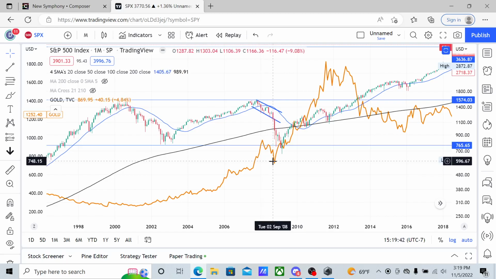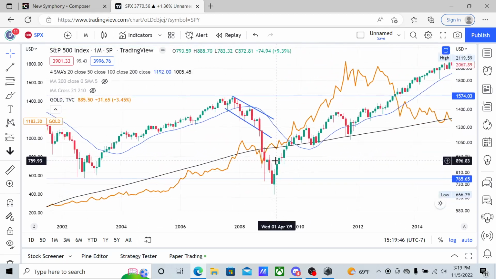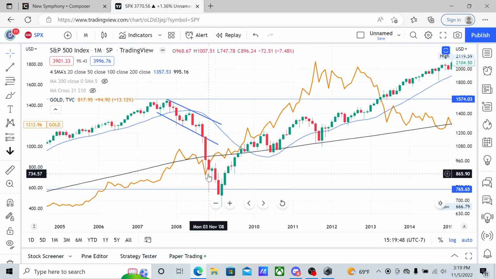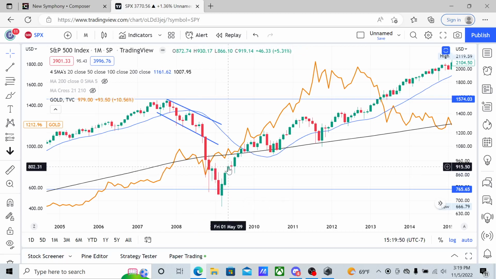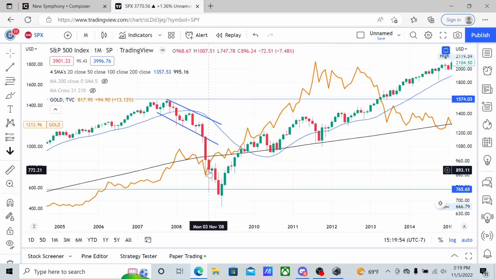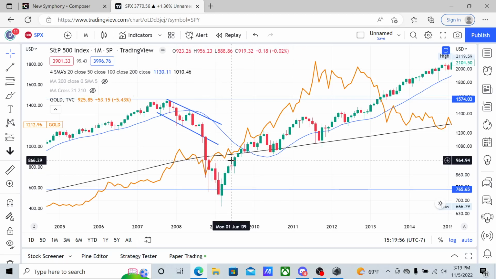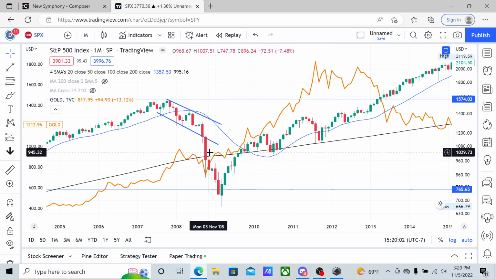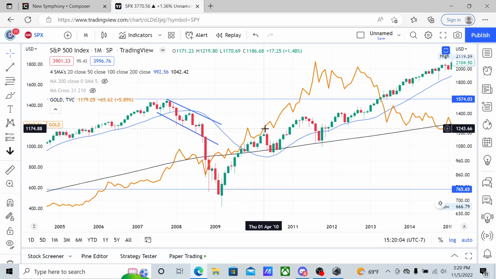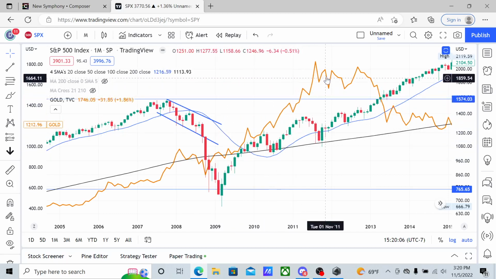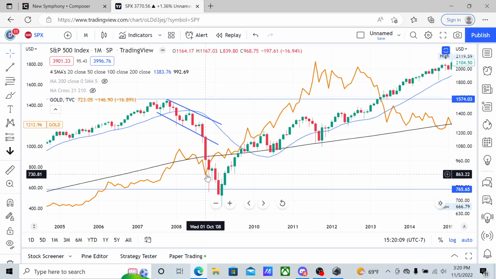It did follow the market at first, but then if you look here, gold quickly started to increase. Now, the thing with gold is at first it might drop with the market, but as you head into a recessionary period where economic conditions are going to be bad, that's when you will start to see gold increase in value. And you can kind of see that here in October 2008.